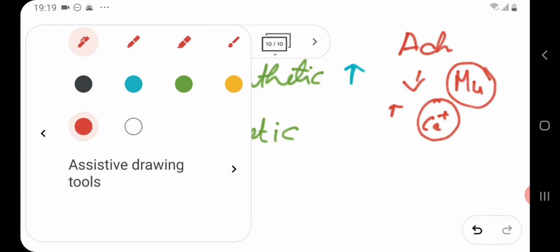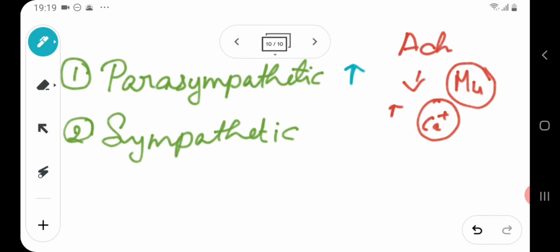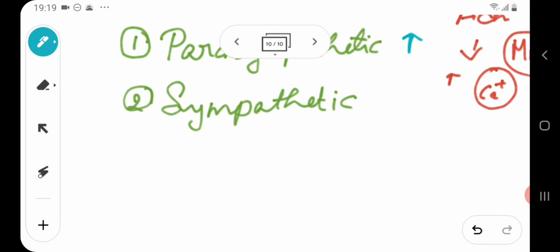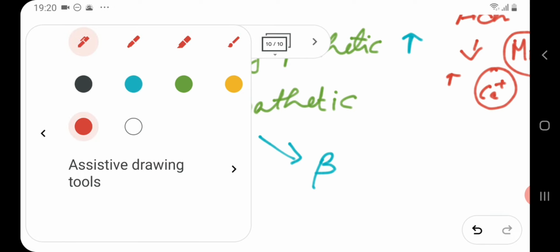Coming to the sympathetic nervous system, its action is mediated by two receptors, alpha and beta. When the alpha receptor is activated, the insulin secretion is inhibited.